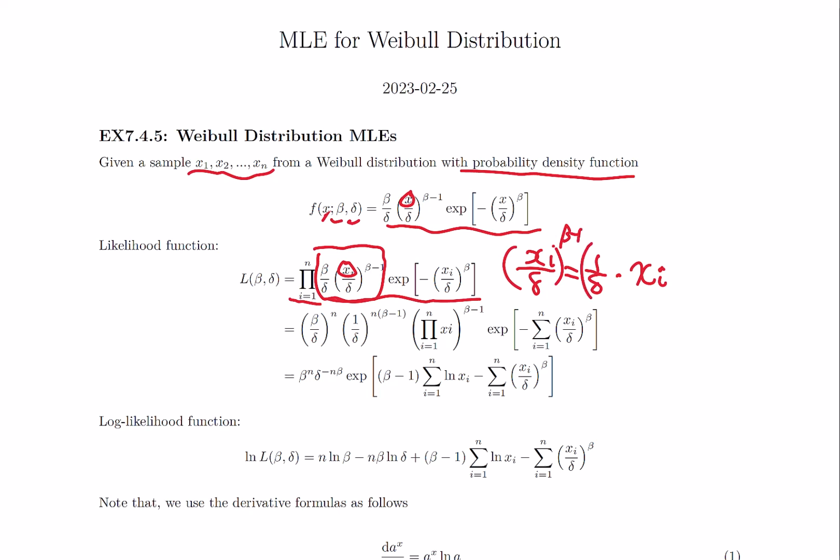You see this one minus 1, it becomes 1 over delta to the power beta minus 1, and then xi to the power beta minus 1. That's why we have this term and this term out of this multiplication sign.